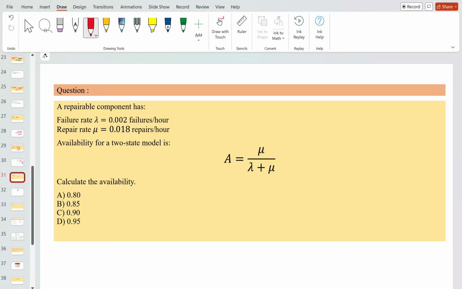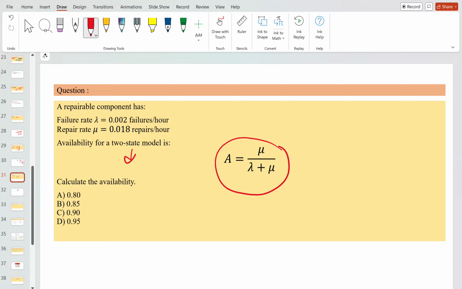It is already given, so we will not waste time. I have already given the formula here. So availability is basically the availability of a two-state model. If you have a two-state system, whether it is on or off, there is no in-between state.